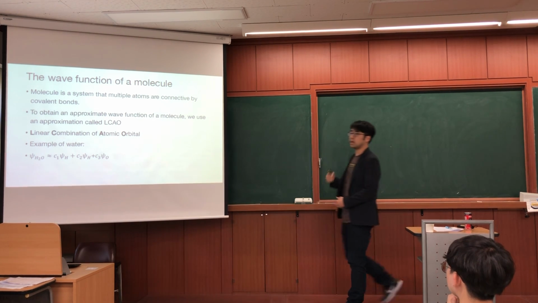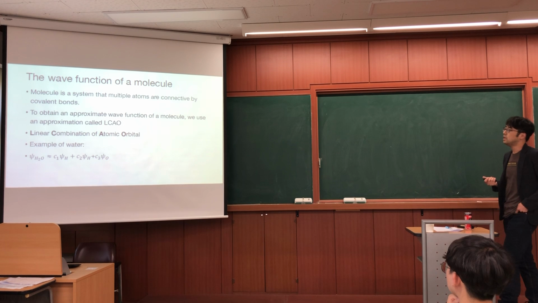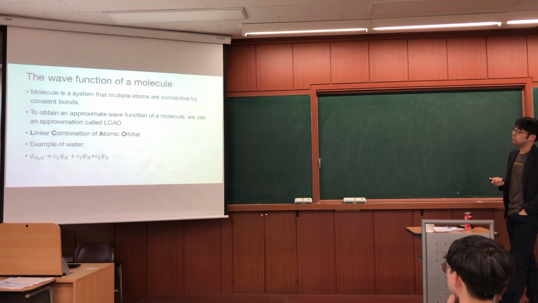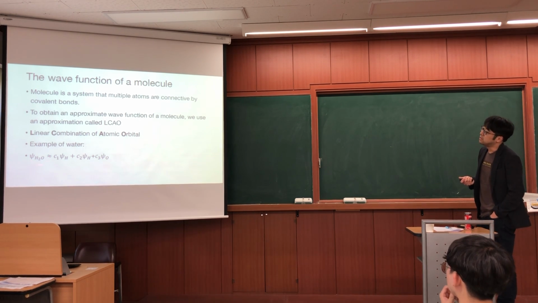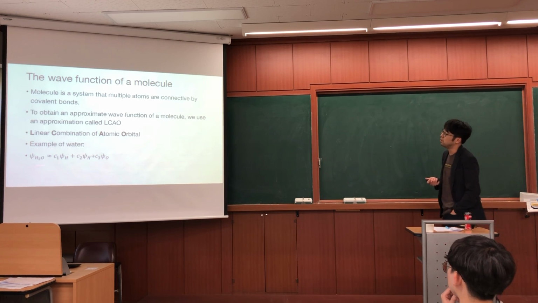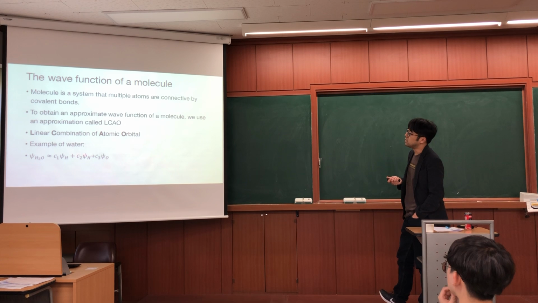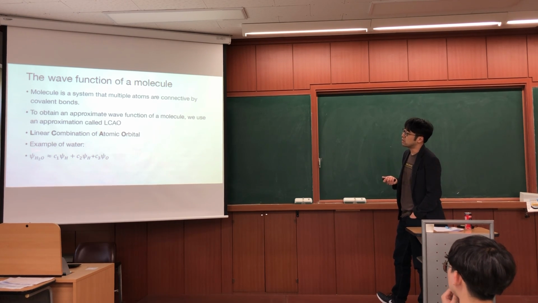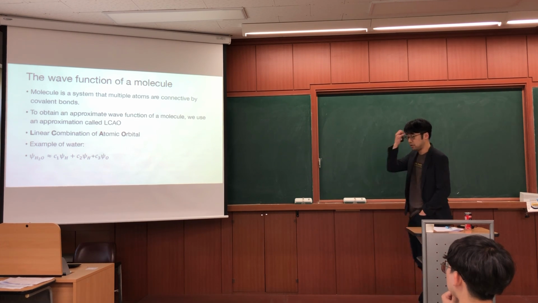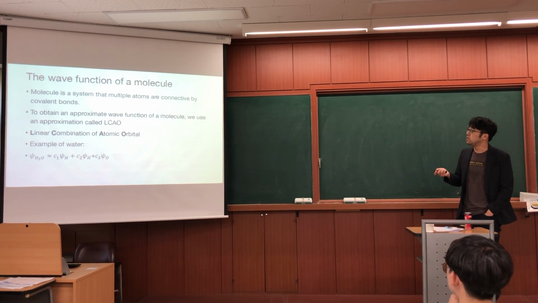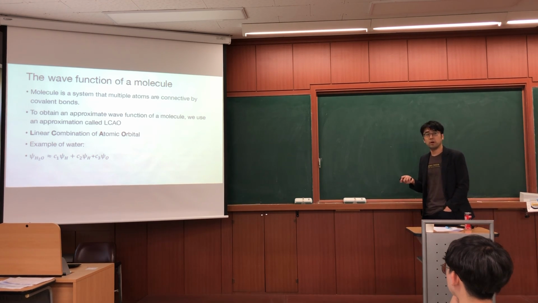That is a linear combination. For example, we represent the wave function of a water molecule as a sum of these three atoms, because water consists of two hydrogens and one oxygen. This is one example of the LCAO representation of the water molecule.